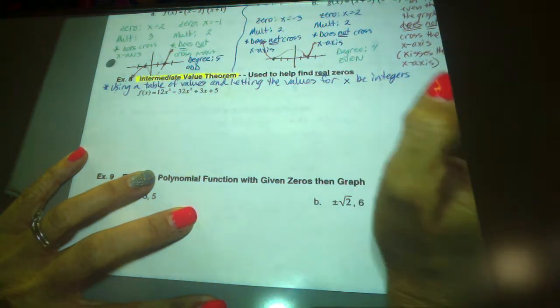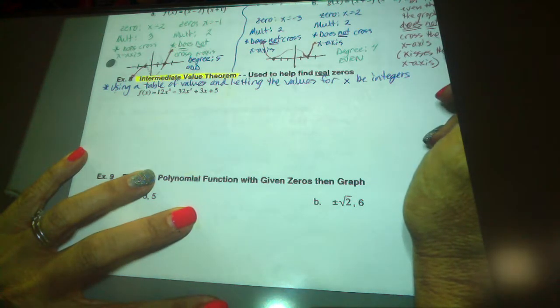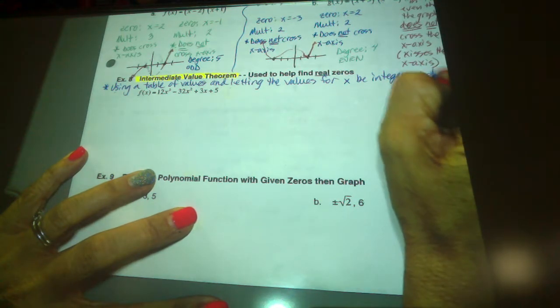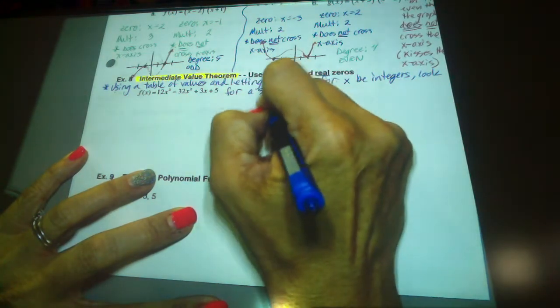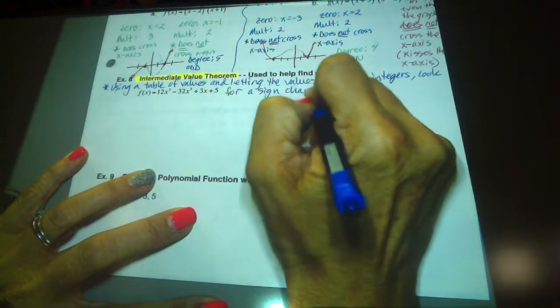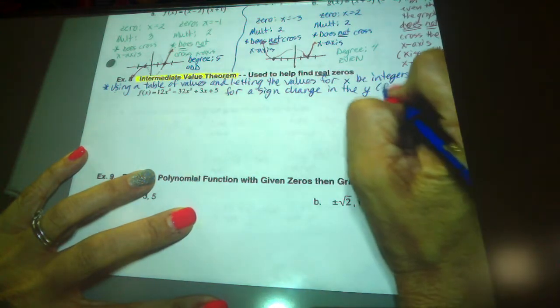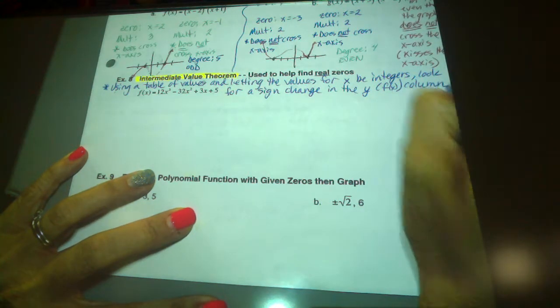You don't want any fractions, you don't want any decimals. Look for a sign change in the y column, which is your f of x column.